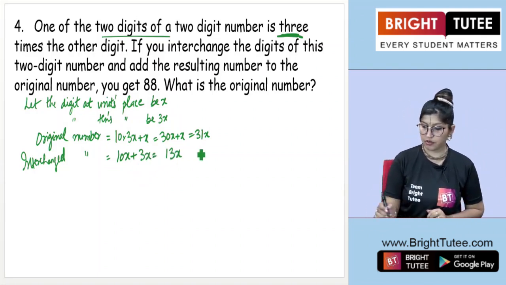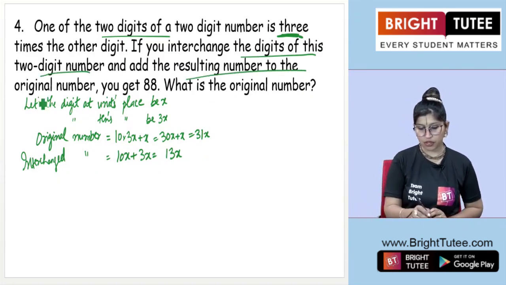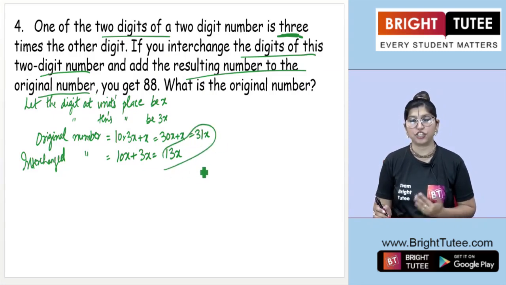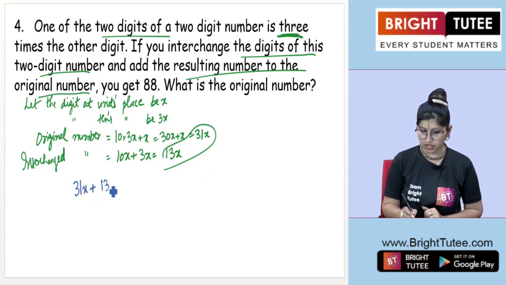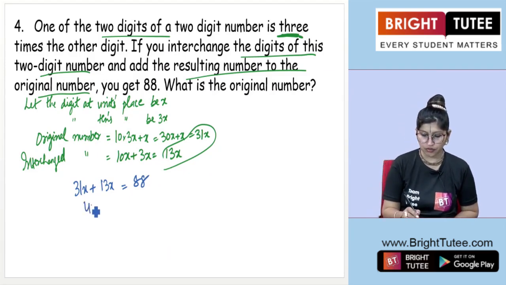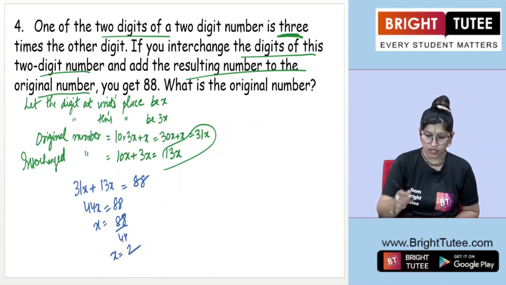Now it says that if you interchange the digits of this 2-digit number and add the resulting number to original number, that means we need to add original number and interchanged number. So we'll be getting 31x plus 13x equals 88. So we'll be getting 44x equals 88. Now x will be 88 upon 44, which means x will be 2.